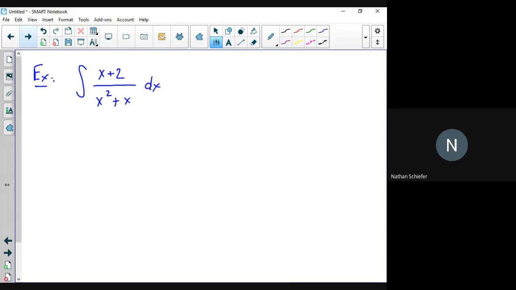And you might think to yourself, oh, I can do a substitution really nicely, but the derivative of the denominator is 2x plus 1, not x plus 2, and it would be hard to make that substitution. So partial fractions is the way to go. Give it a try. Those of you at home, give it a try too.